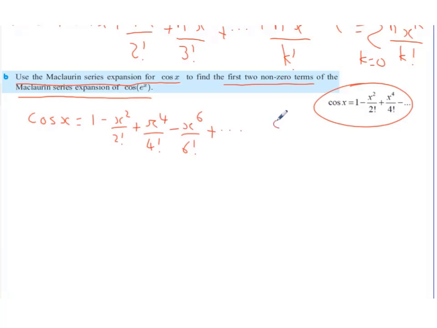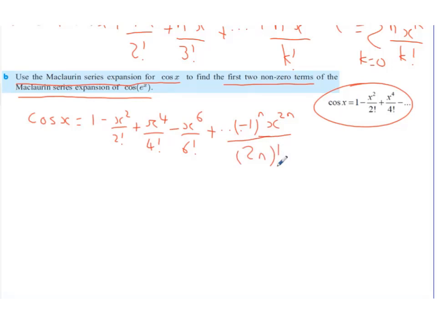We've got an alternating series thing going on in signs. So if we start with n being 0, if we had minus 1 to the power n, minus 1 to the power of 0 will give us a positive first term. So we can say minus 1 to the power n, x to the 2n over, and then the factorial is exactly the same as the power. So that is 2n factorial, right? So that's our cosine x.